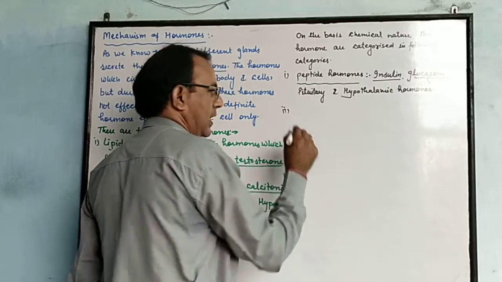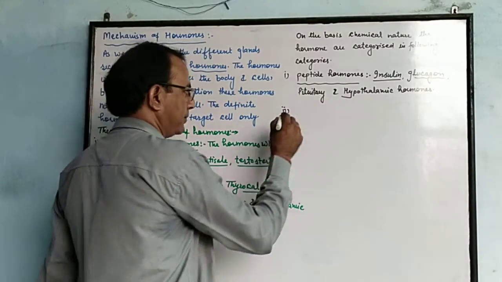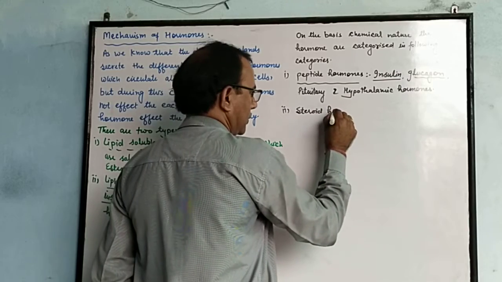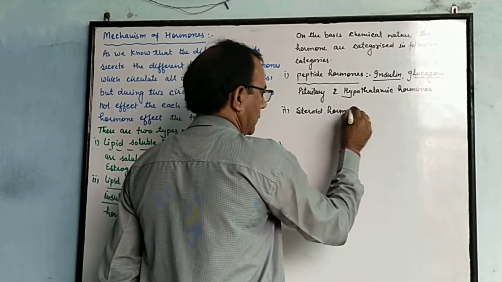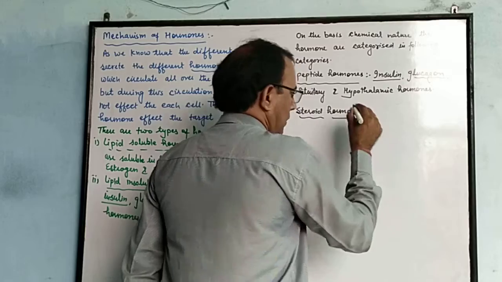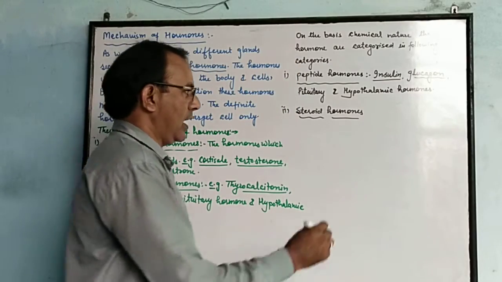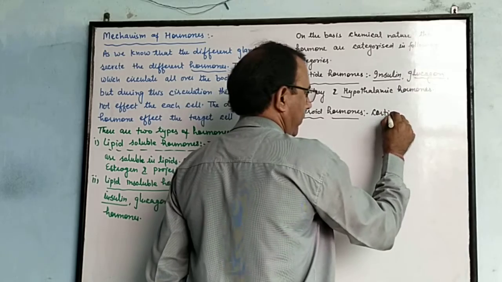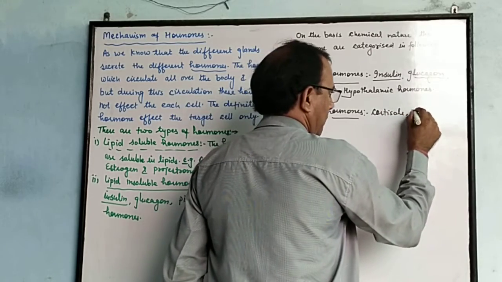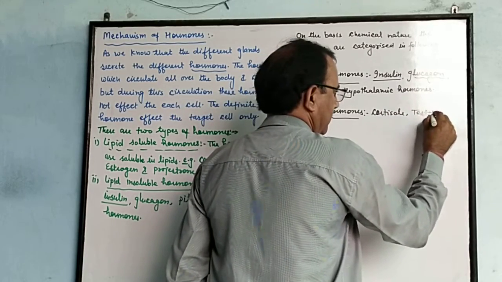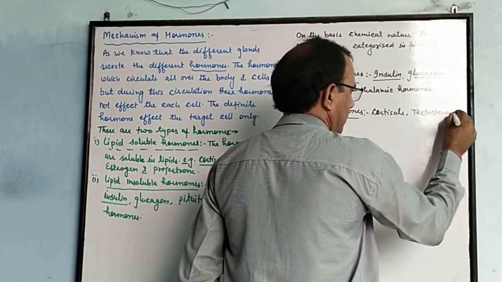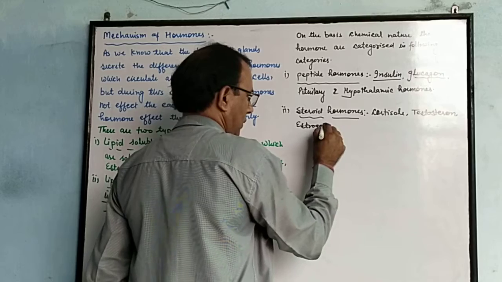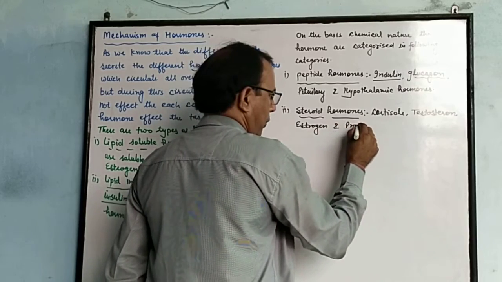The second type of hormones are steroid hormones. Steroid hormones are cortisol, testosterone, estrogen and progesterone.